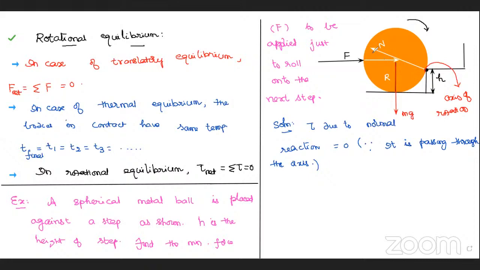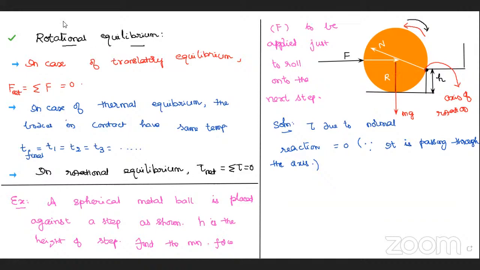When you try to roll it onto the other step, this force applies some torque in a clockwise direction. Then this weight tries to roll it back if the force is not sufficient. Why? Because the weight is to the left of this axis.